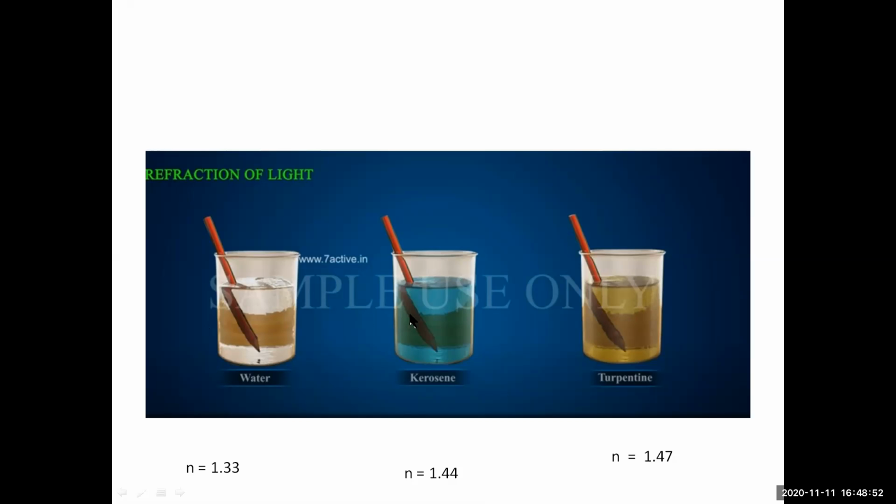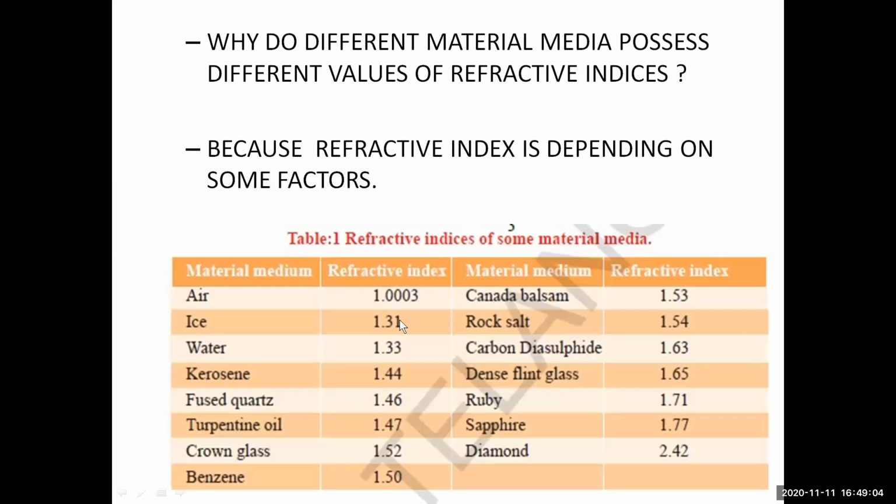Okay, students. Now, why is this happening? Why are the refractive indices different for different materials? Why do different material media possess different values of refractive index? Because refractive index depends on some factors. What are those factors? Let us see. We are seeing here air, ice, water, kerosene, turpentine oil, glass, benzene, rock salt, ruby, sapphire, diamond.